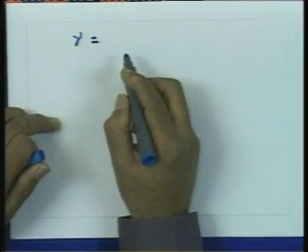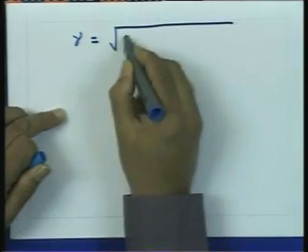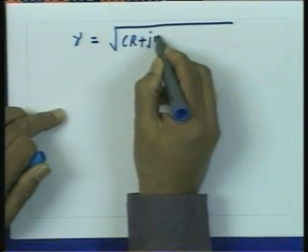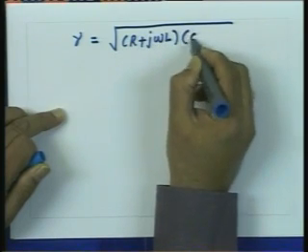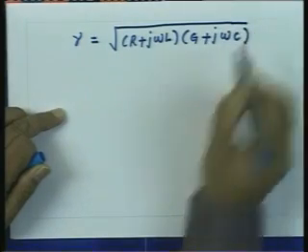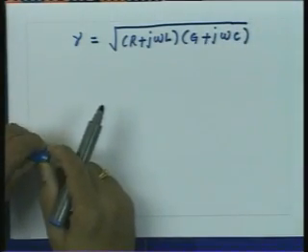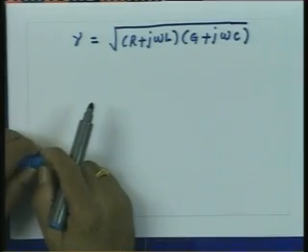As we have seen, the propagation constant gamma is related to the elementary constants of transmission line. So, gamma is defined as the square root of (r plus j omega L) into (g plus j omega c), where r, L, g and c are the primary constants of transmission line, and omega is the angular frequency of the signal which is applied to the transmission line.